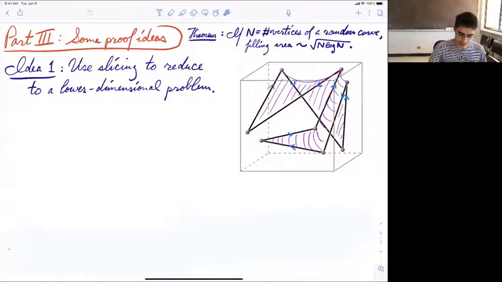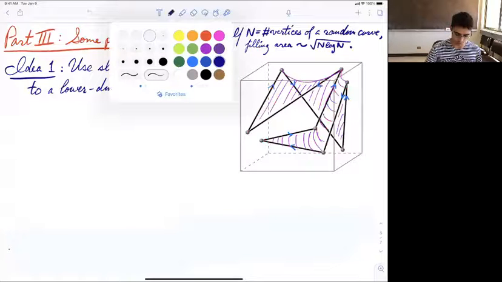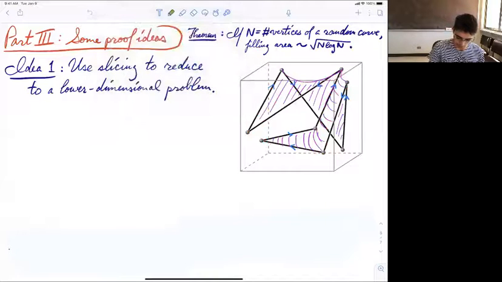And the first idea is to reduce to a lower dimensional problem by slicing. So what do I mean by slicing? Well, in this cube, I can take a square slice and look at the intersection of my curve and my surface with that slice.